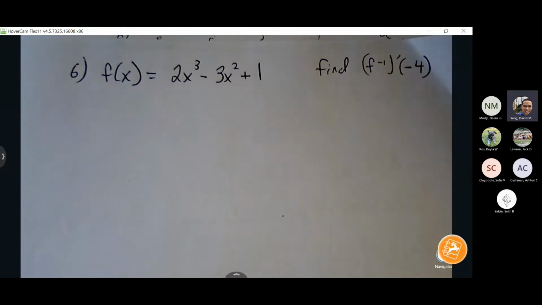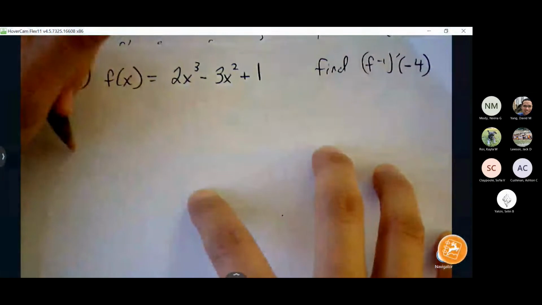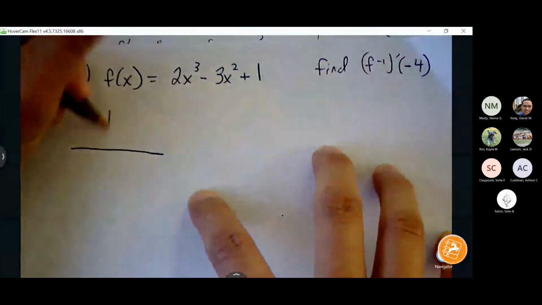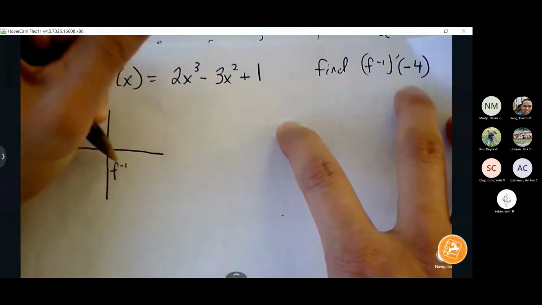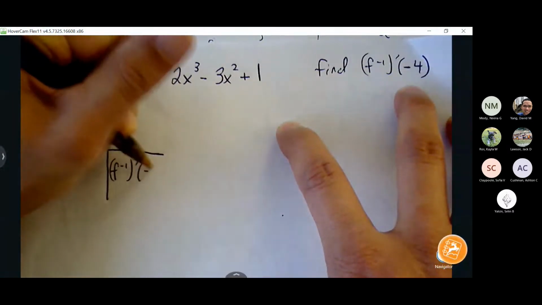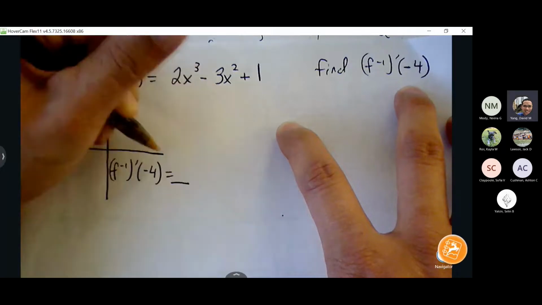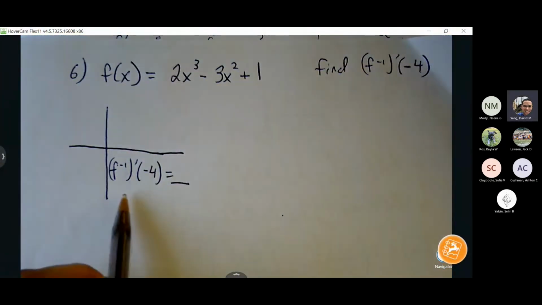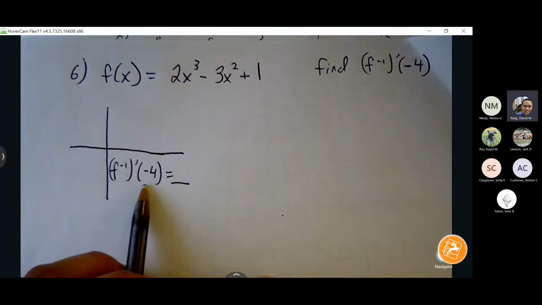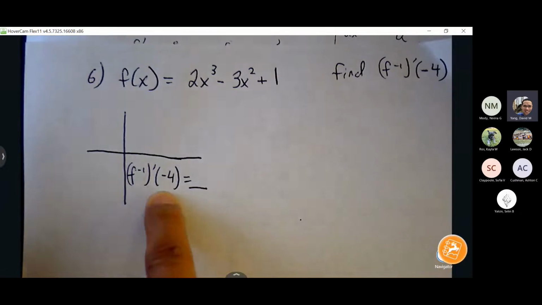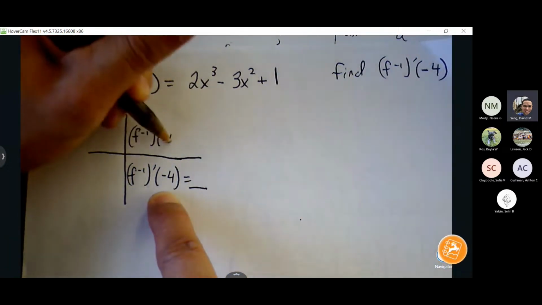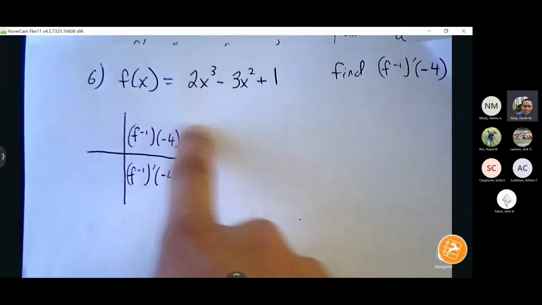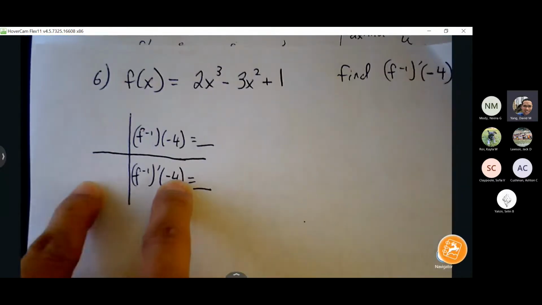Okay, I like to use my table chart here to keep track of my progress. Ultimately, I'm looking for the derivative of the inverse at -4. I know -4 is the x value of my inverse function. So let's put all my ordered pair information up above and then all my slope information down below.